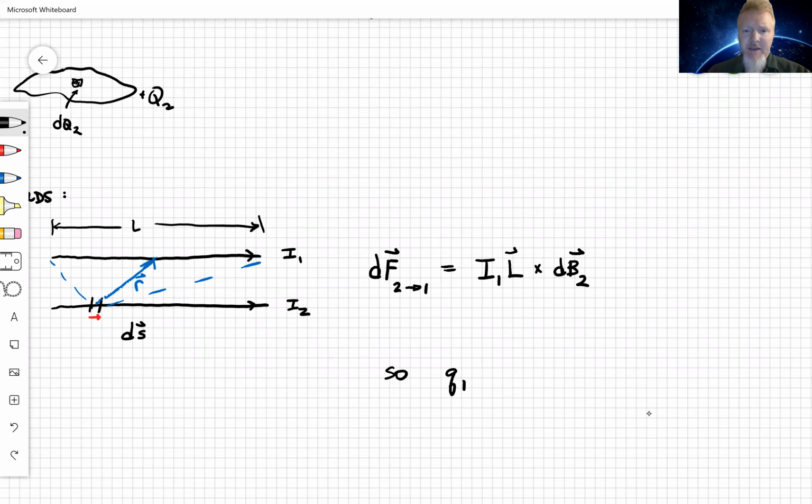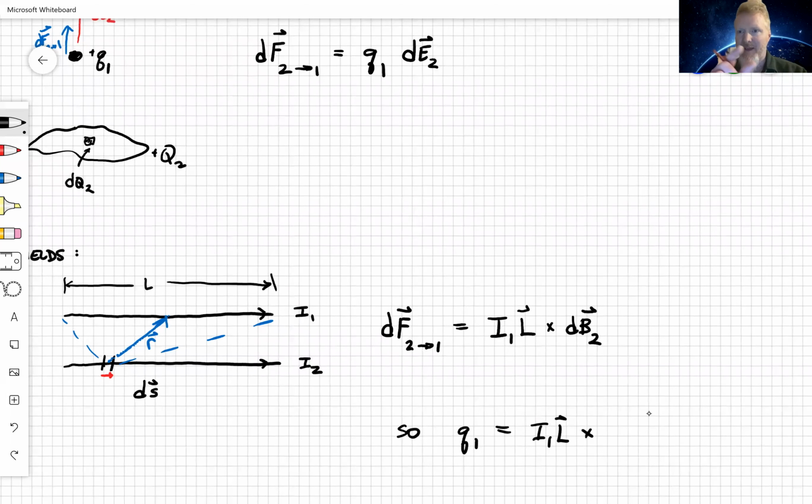So I is going to be the stuff in the front side. So it's going to be I1L crossed with something, which is kind of a funny way to write it. But it's I1L crossed something, and then dE2 and dB2, right, is we're going to look at the fields as being things that we can calculate via the same types of methods.